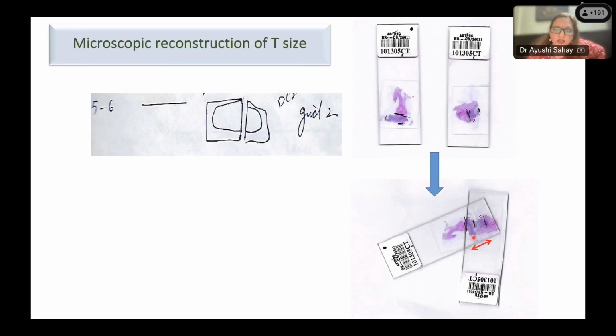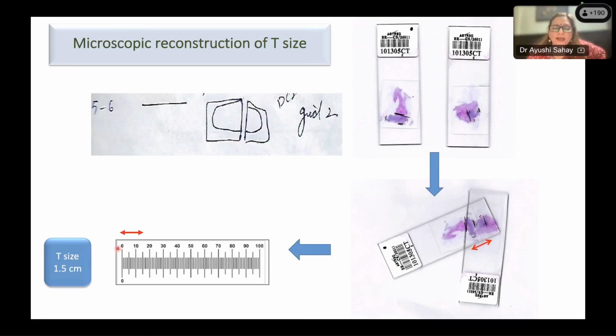You can join the slides in a manner that you can see how it was oriented in the grid, and do a microscopic T size measurement. Here you can see that the T size is 1.5 centimeter, and you can check whether it is matching the gross size or whether it needs to be corrected.